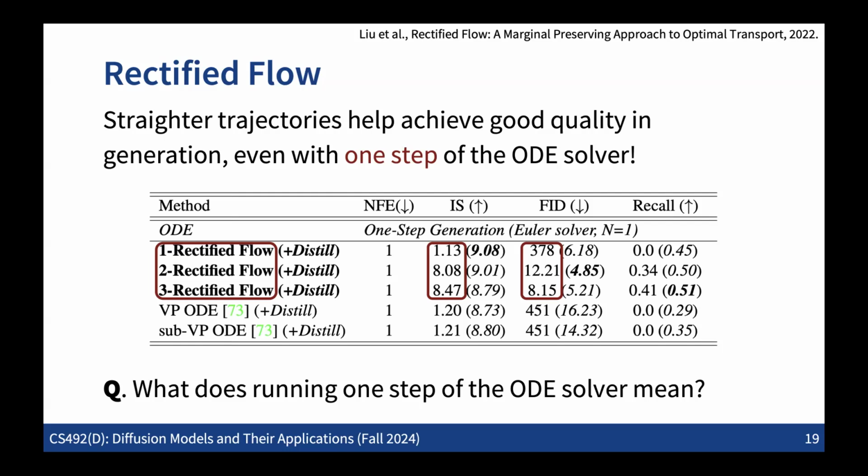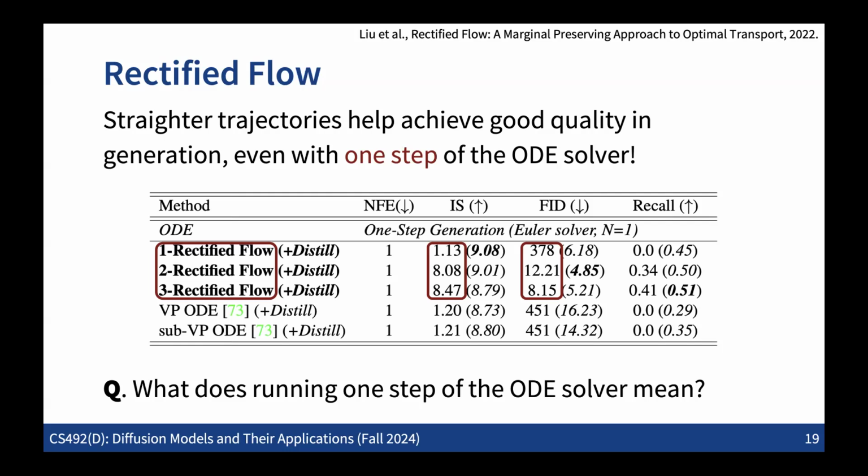That means we are not actually solving the ODE with a solver. We just take the velocity vector at the very beginning and go straight for the time that we have, right? Just getting the velocity information at the beginning point from the sample of the standard Gaussian distribution, and then going straight.